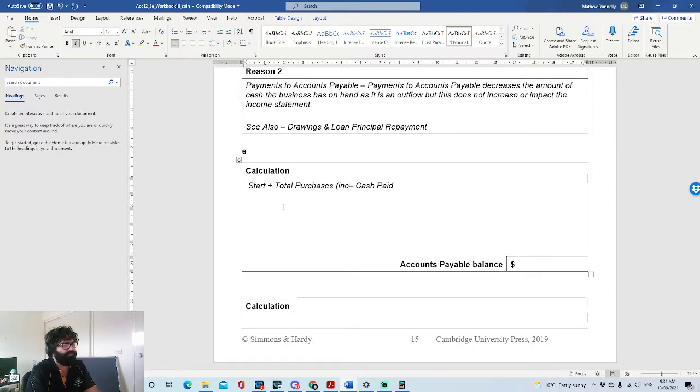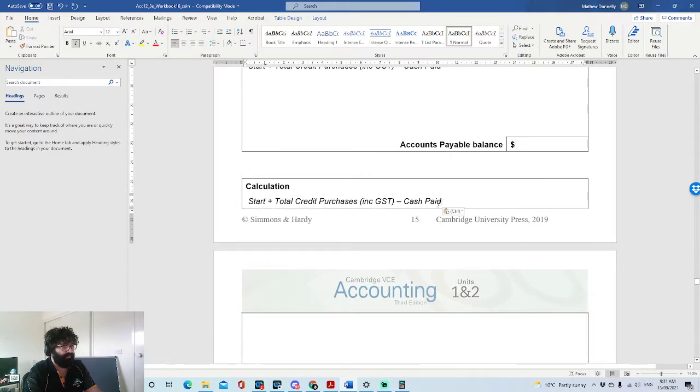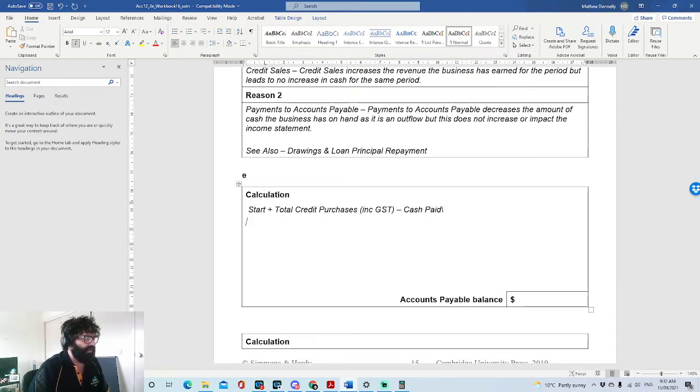Now remember, we'll put credit purchases. Don't include your cash purchases here. Inc. GST. Now we're gonna put it on both. Cash received, total credit sales. There we go. Alright, let's plug our numbers.